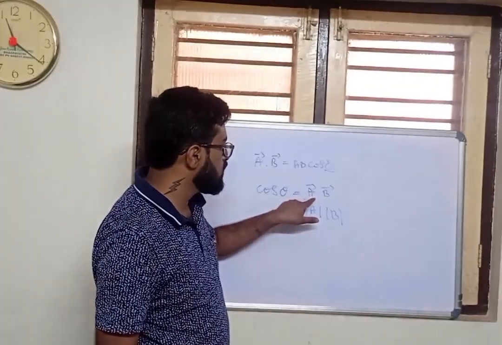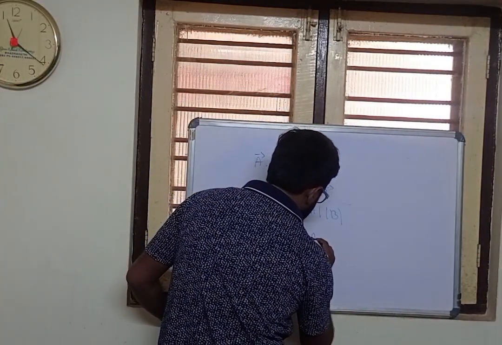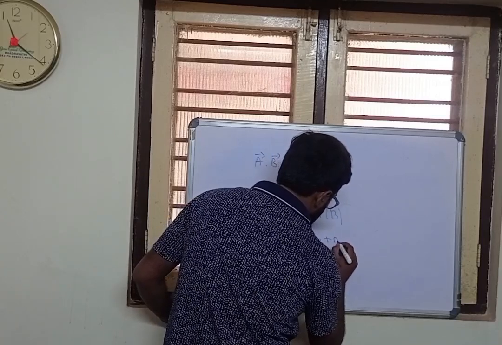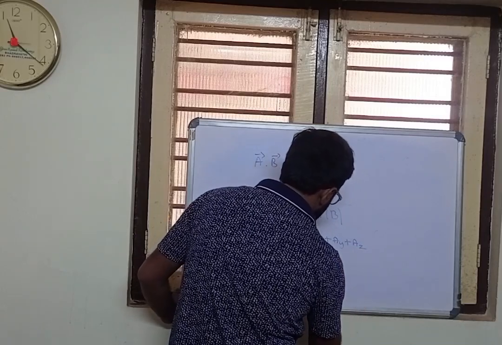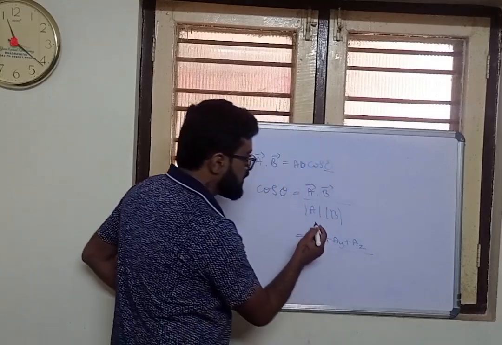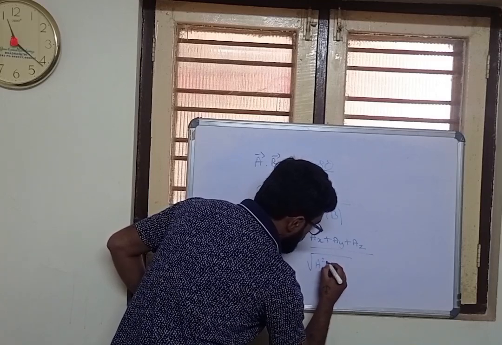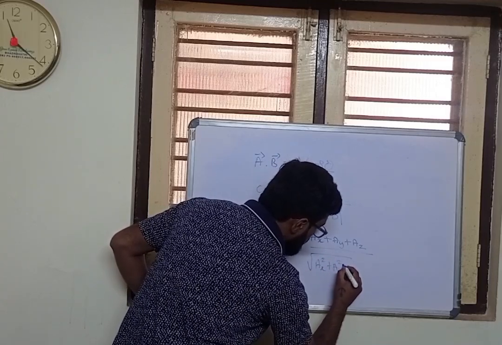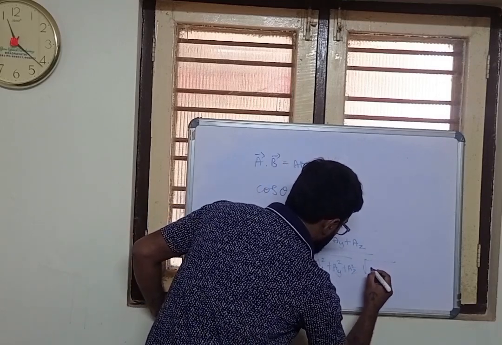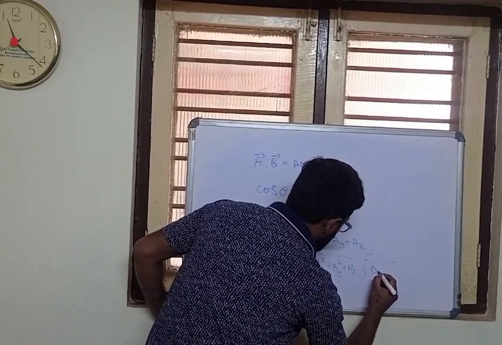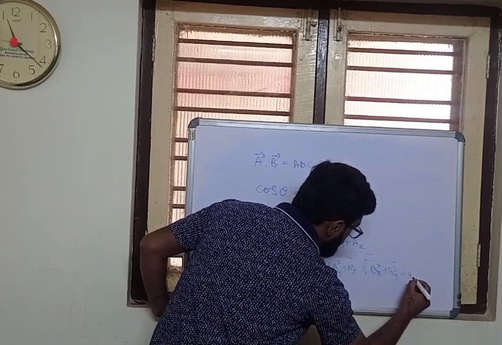Previously, we have calculated A dot B. So we take the magnitude of A as square root of ax square plus ay square plus az square, into the magnitude of vector B, square root of bx square plus by square plus bz square.